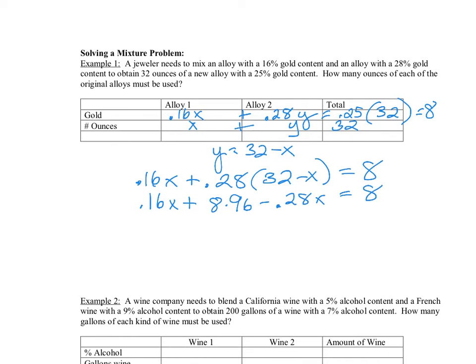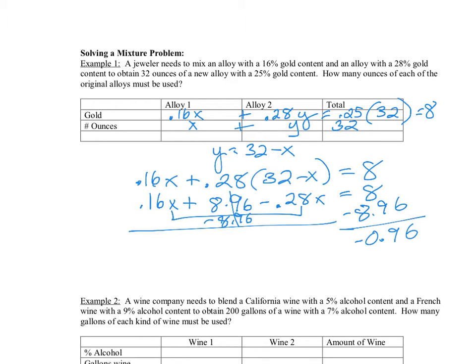All right, now I'm going to subtract the 8.96. But when I do that, I can see right away I'm going to have a negative 0.96 on that side. On this side, this goes away, and I'm going to add these two together. So I have 0.16 minus 0.28.